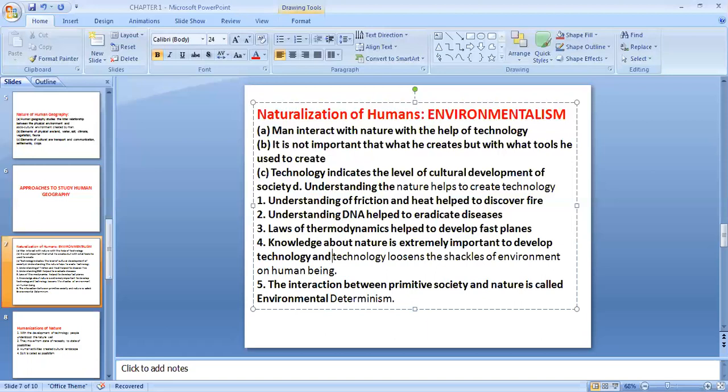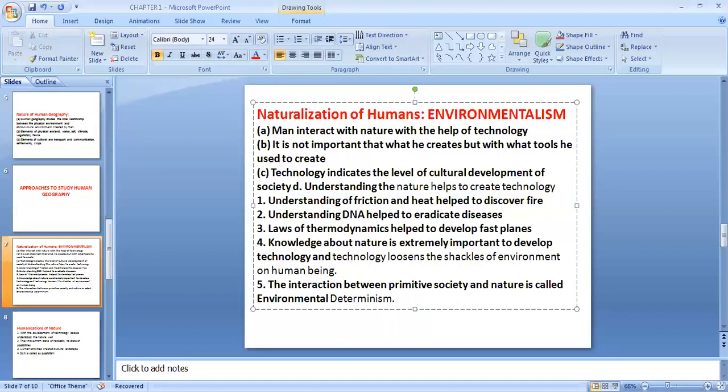And to produce something in an agricultural system, in higher land it will be different, in lower land it will be different. So why is it different? This difference comes because of the environment.